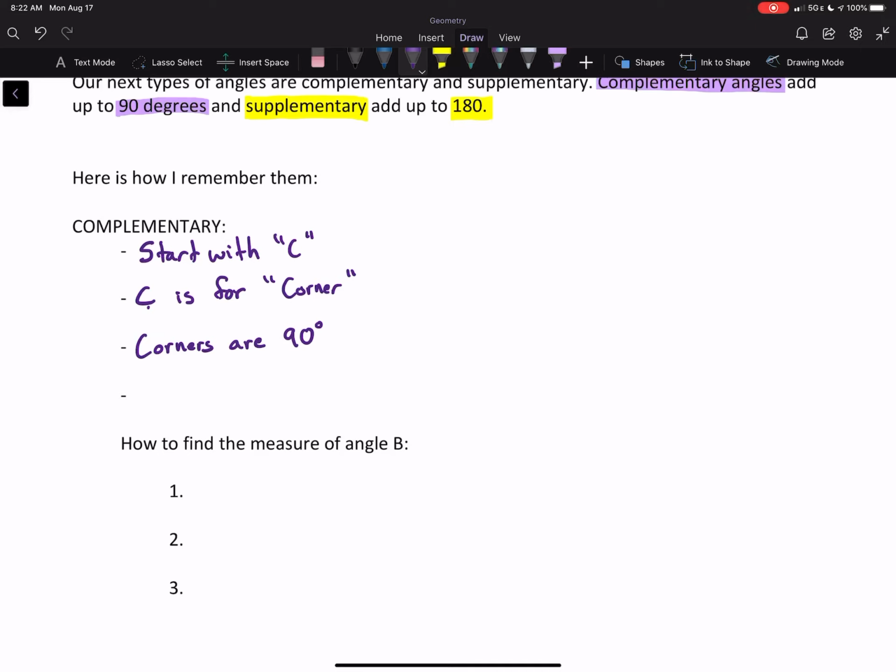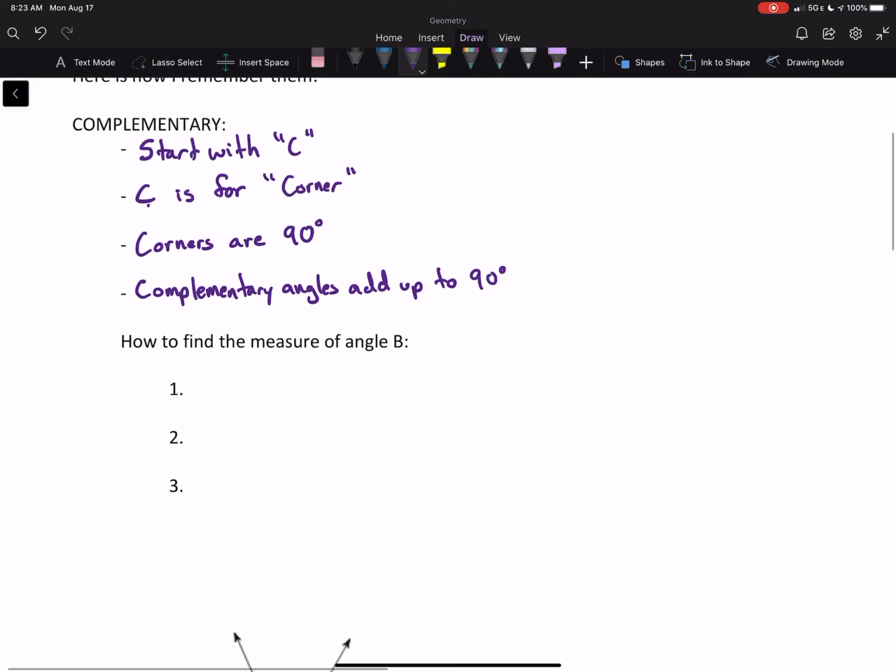And that's how we remember that complementary angles add up to 90 degrees. Now, when we want to find the measure, we're going to set up the equation.